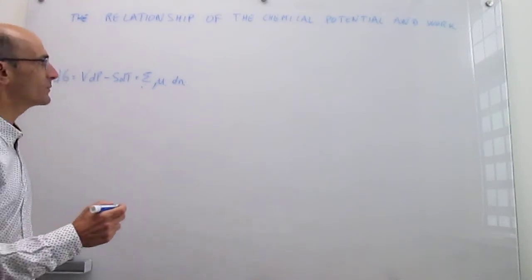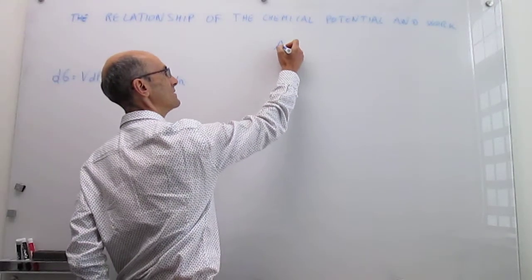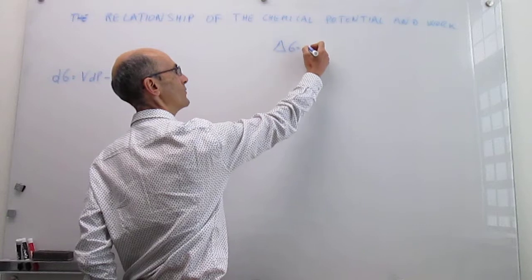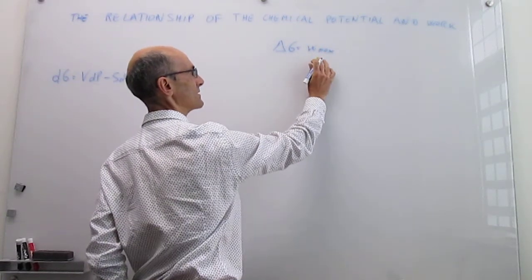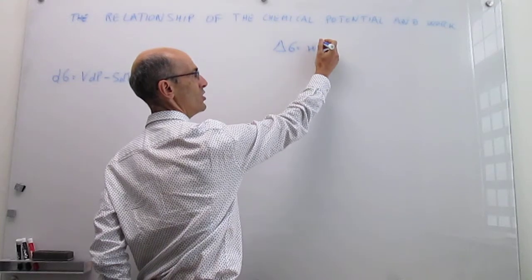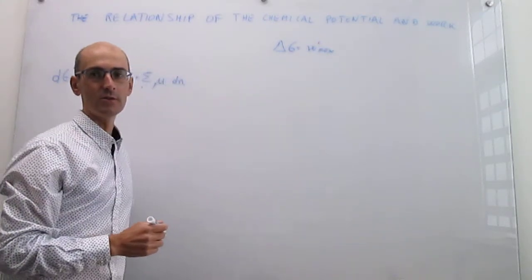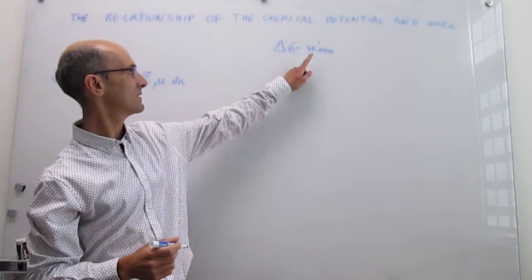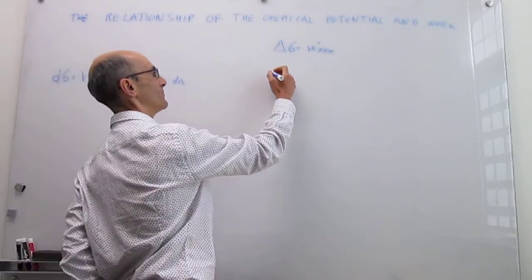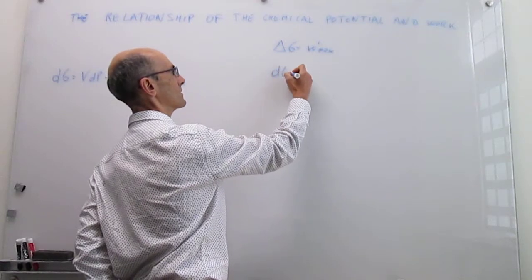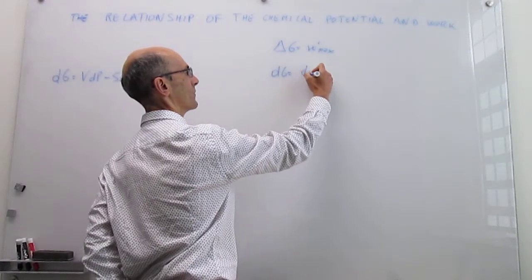Something that we saw in the last unit was that there is a relationship between the change in Gibbs energy in a process and the maximum non-expansion work that you can extract from this process. That prime means non-expansion. In differential form, this is simply going to be equal to the following.